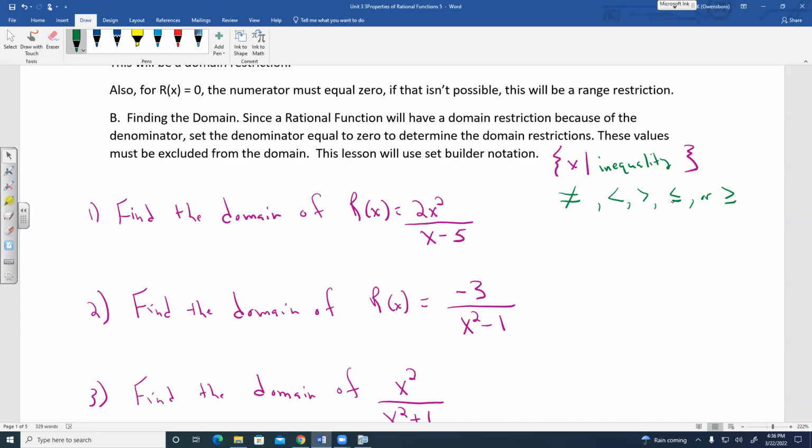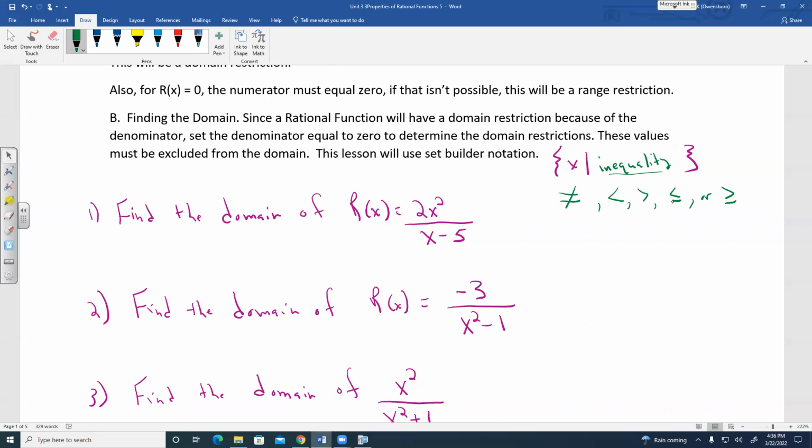And these values must be excluded from the domain. In this lesson, we're going to be using set builder notation. So we're going to be using the set of x's such that, and this is where we insert the inequality inside the set builder notation. There are several different inequality symbols. We're going to be using the not equal sign quite a bit in this lesson.